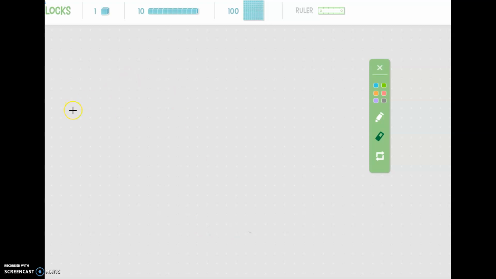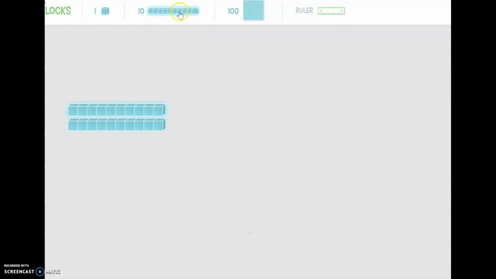All right, now I want to think of a number. I want to get 31. So I need 30, right? How am I going to represent 30? I know that this one long has 10, and when I count it, I count by tens. So 10, 20, and 30, and the number I'm thinking of is 34.